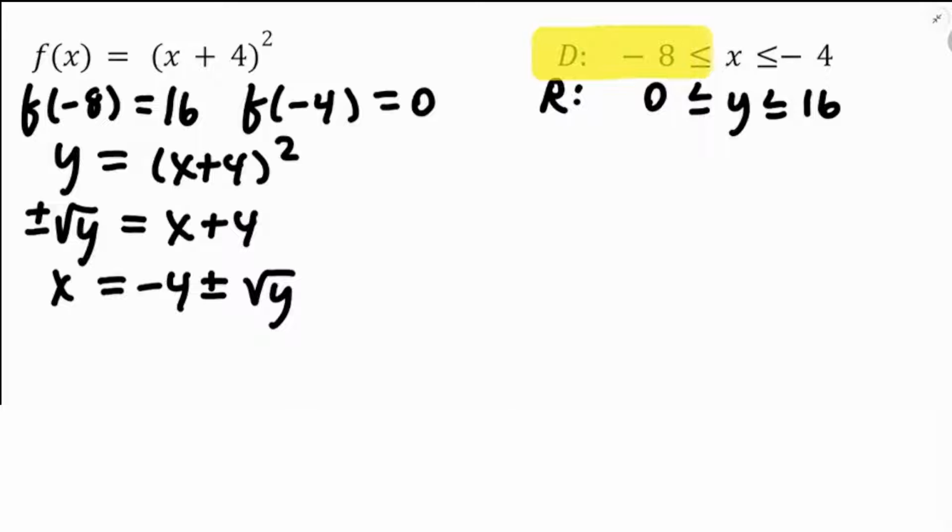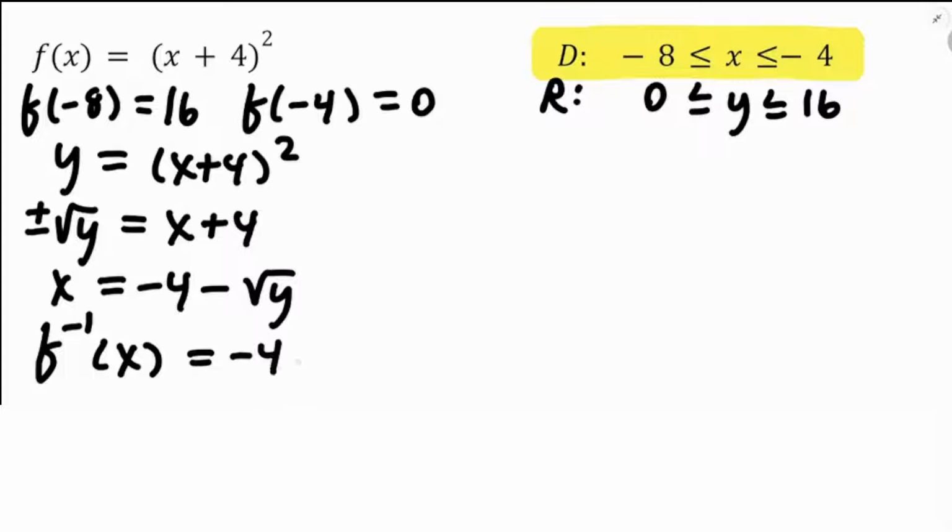It says -8 is less than or equal to x is less than or equal to -4. So x is between -4 and -8. x is definitely less than -4. So I have to be subtracting that square root. Okay, and I'll say x equals -4 minus the square root of y. So f inverse of x is going to be -4 minus the square root of x.